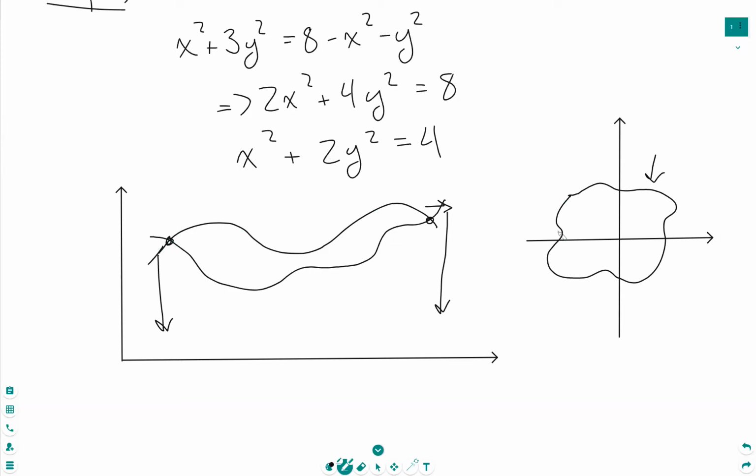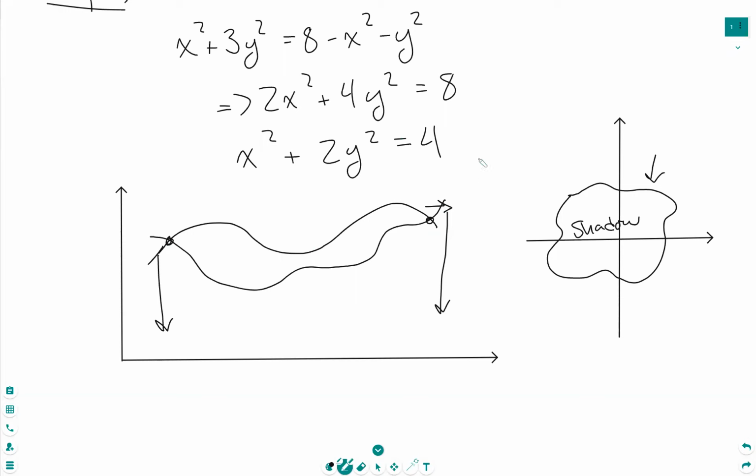So their intersection, because these are functions, details the outer edge of the projection. This is our shadow of this region here. We project all the intersections down.